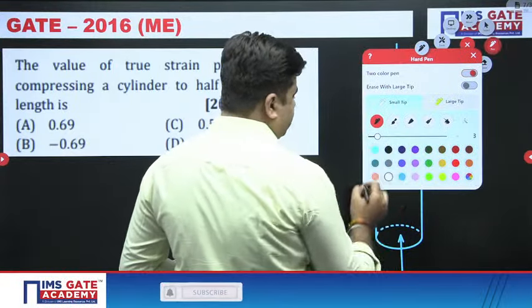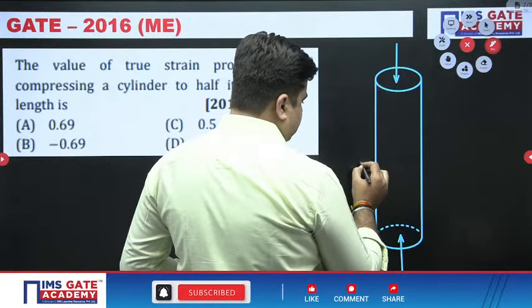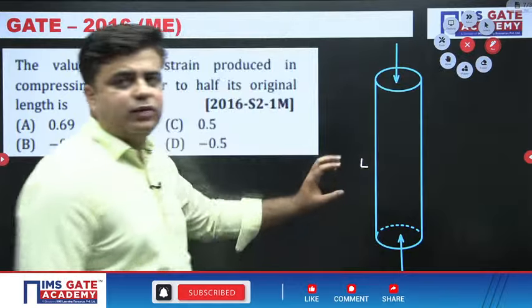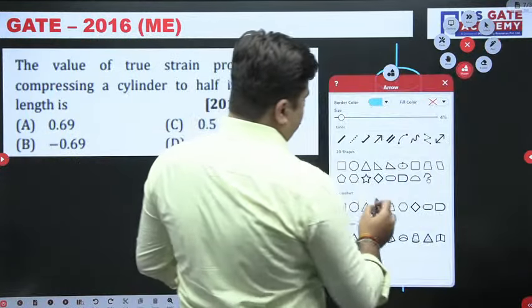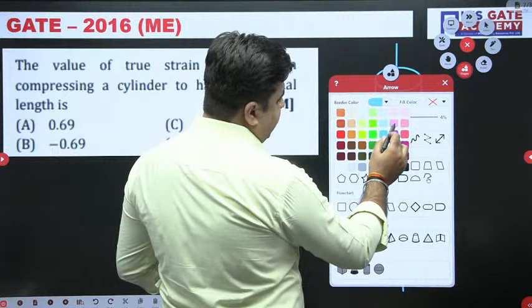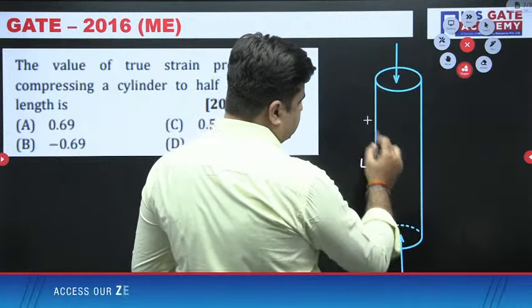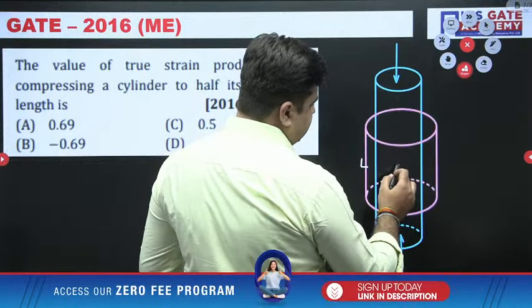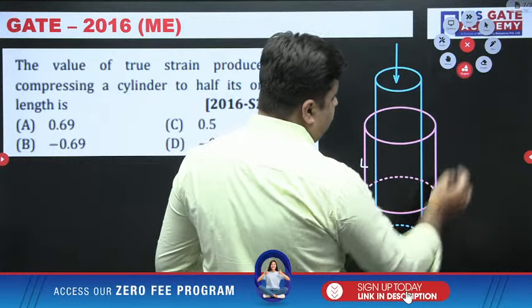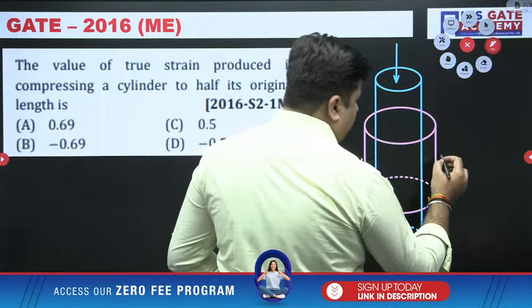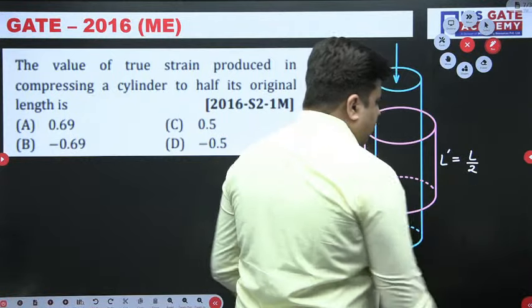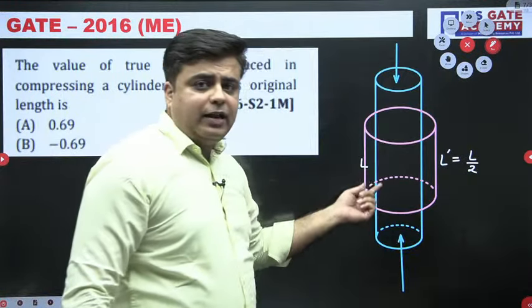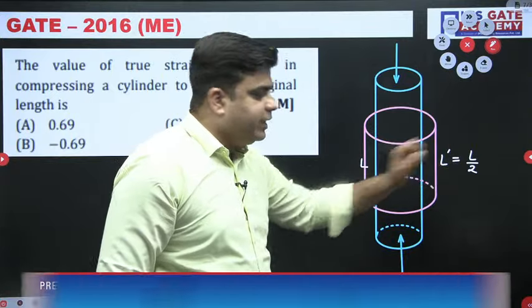Initially, the length of the cylinder is L. Now, after applying the compressive load, this cylinder has reduced to half of its length. What is the new length of the cylinder? It is nothing but L by 2. So original length is L and your actual length is L by 2.